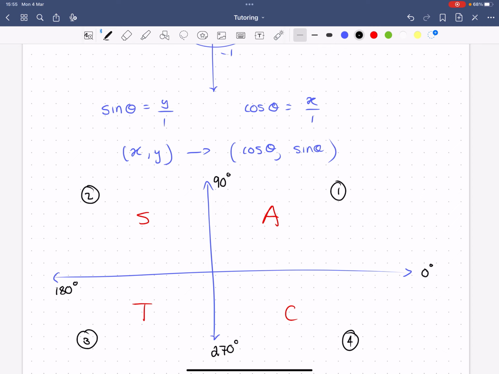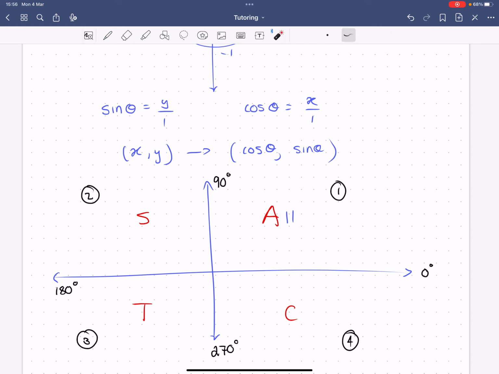Now in the first quadrant, both x and y are positive, and that's what the All in All Stations to Central means. Since we've just said that x was cos theta and y was sine theta, sine theta, cos theta, and tan theta are all positive in the first quadrant.